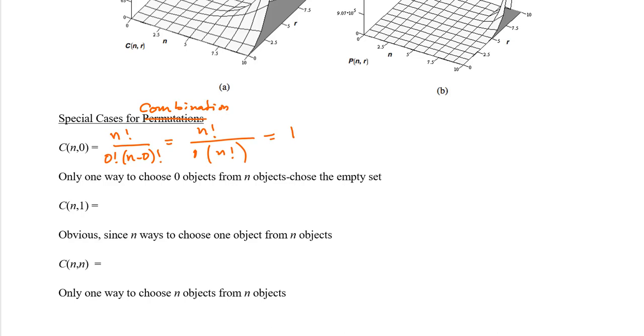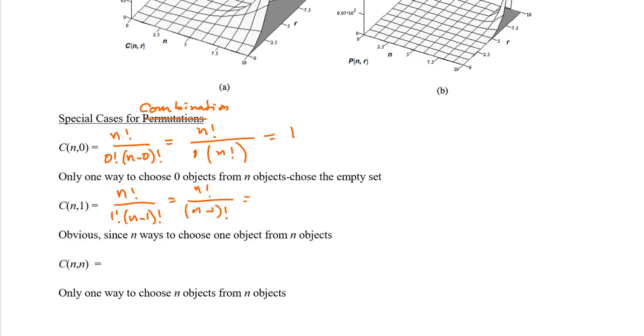And how many different ways can you select groups of one person out of 10? You have 10 different ways. Intuitively, you could answer it. You say, I could choose 10 different groups with one person in the group if I have a group of 10 people to choose from. So right here, using the formula, n factorial over 1 factorial times n minus 1 factorial, this is n factorial divided by n minus 1 factorial.